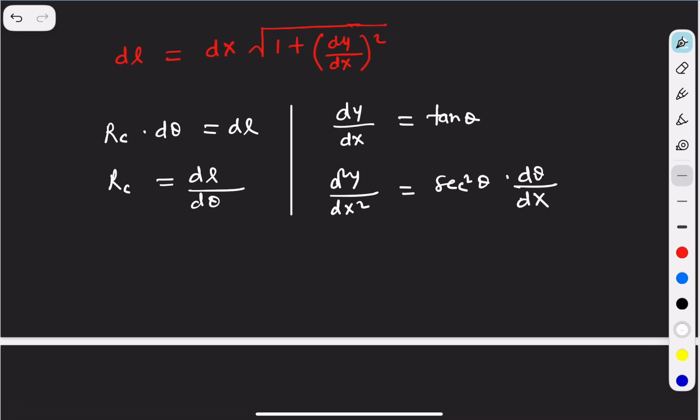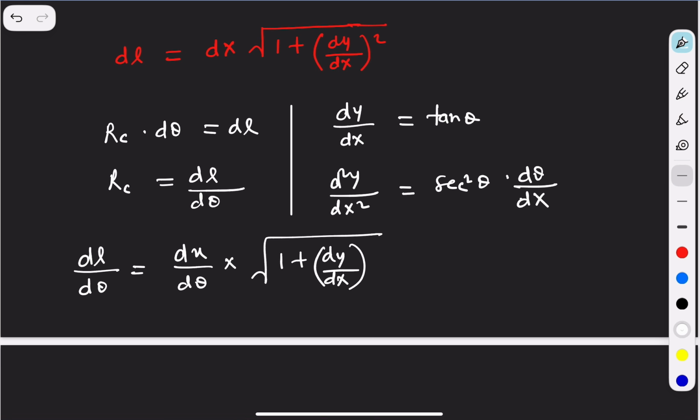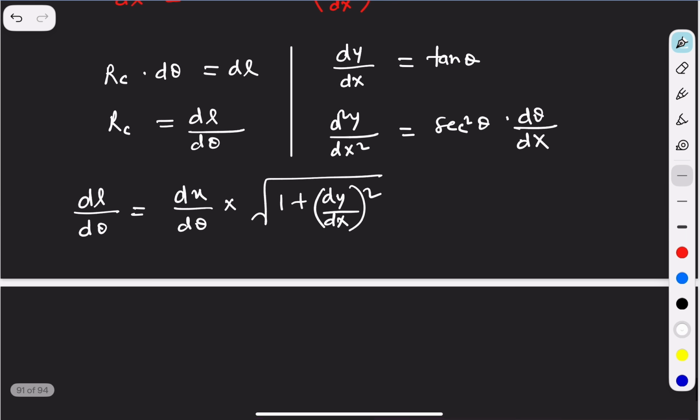So dl by d theta, if I put this, it will be dx by d theta into under root of 1 plus dy by dx whole square.